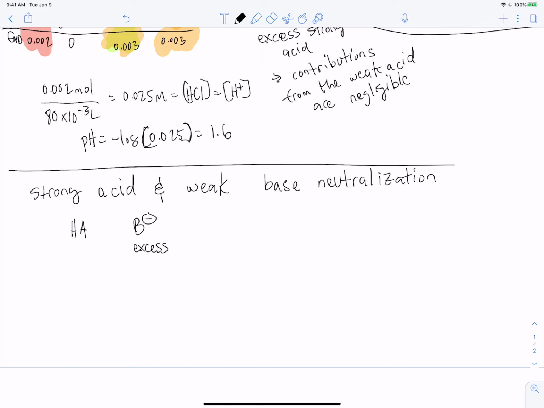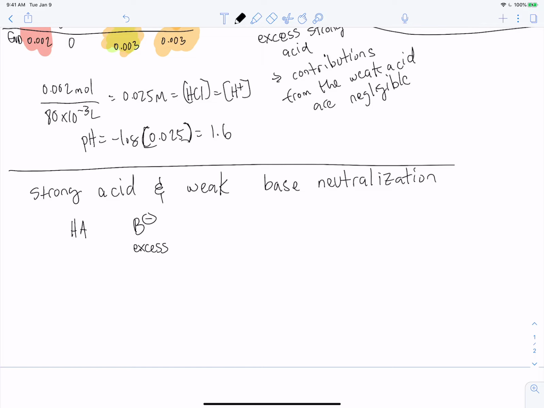So these are all for calculating the pH. These are the 3 scenarios where you want to calculate the pH. So if you have excess strong acid, here we want to solve for H+.